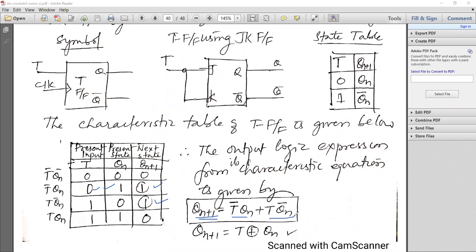It is nothing but the XOR equation of two inputs, right? It is the XOR equation for two inputs. So writing that as T XOR Qn. T XOR Qn.